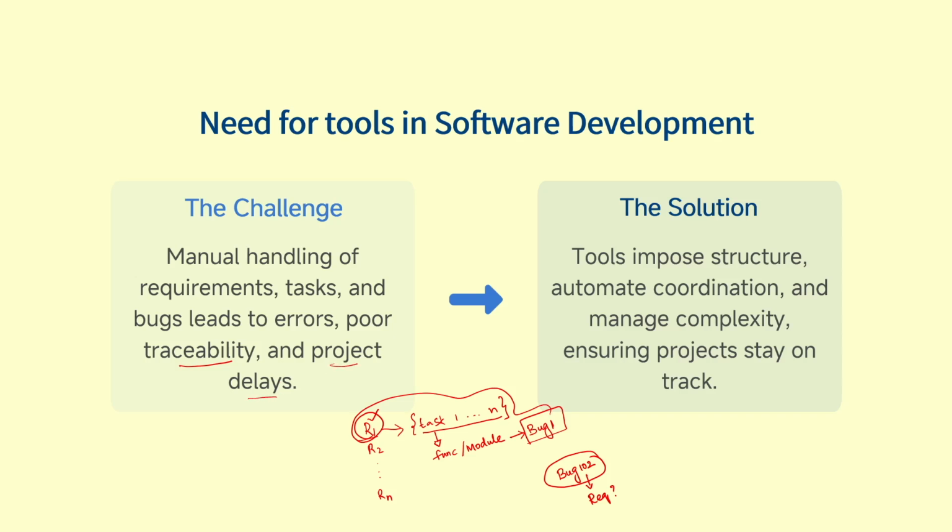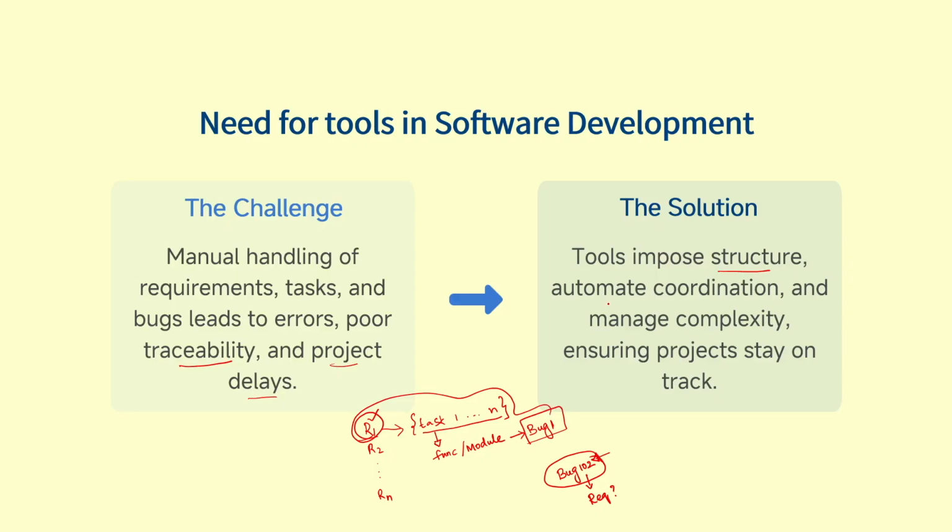When you have tools, you will have a structure. Something like this, you will have several structures, and by the time you click on bug 1 or 2 in our example, at the next click you can understand that this is related to some requirements, say 3 or 4. They also have automated coordination.